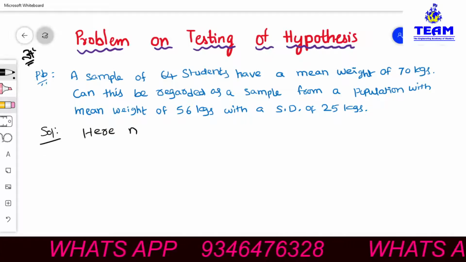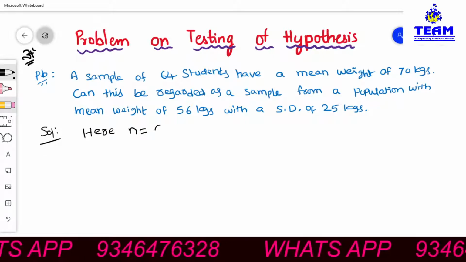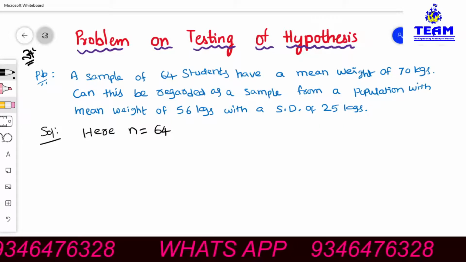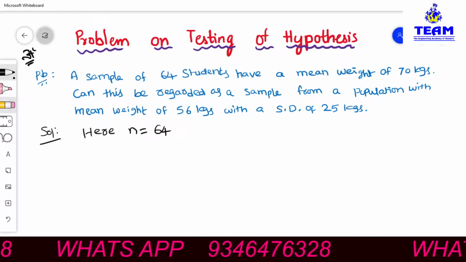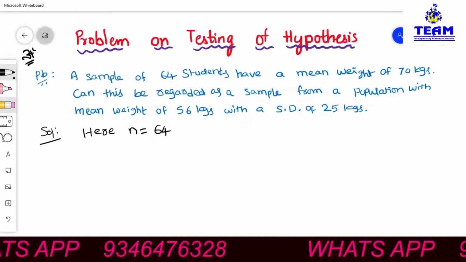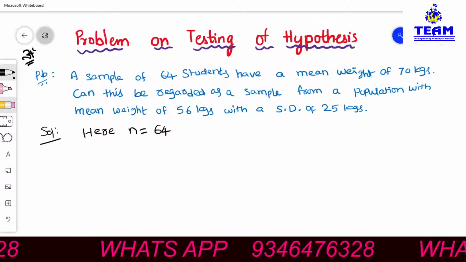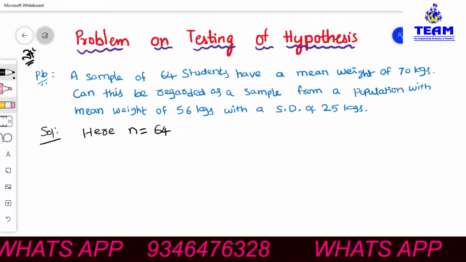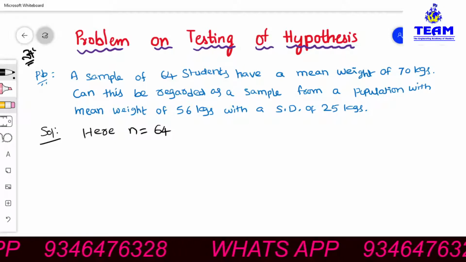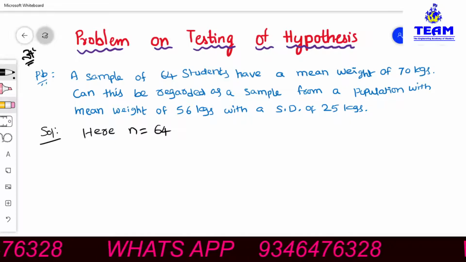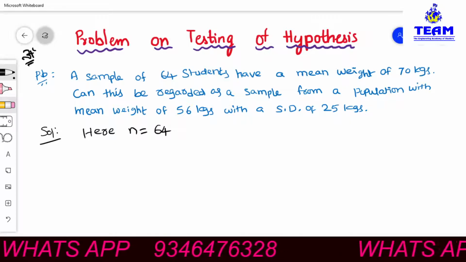Here the number of students n is equal to 64, which represents a large sample. Why? Because when n is less than 30, it is a small sample, otherwise a large sample. So we can take it as a one mean problem.